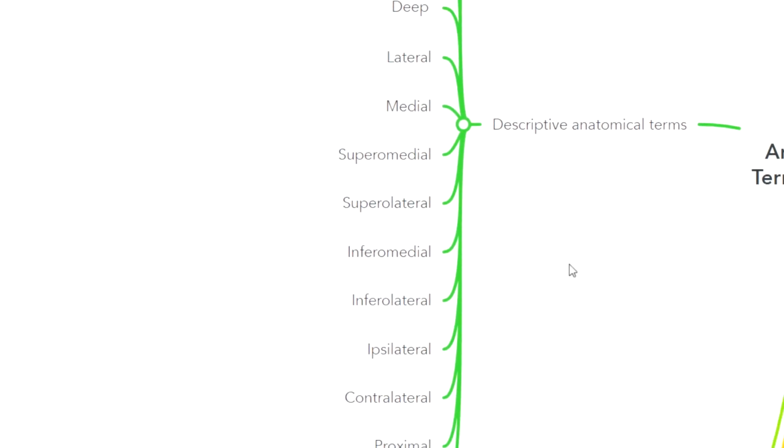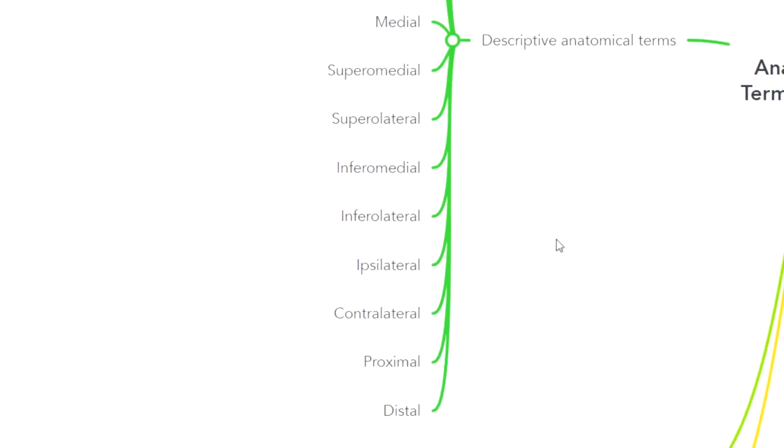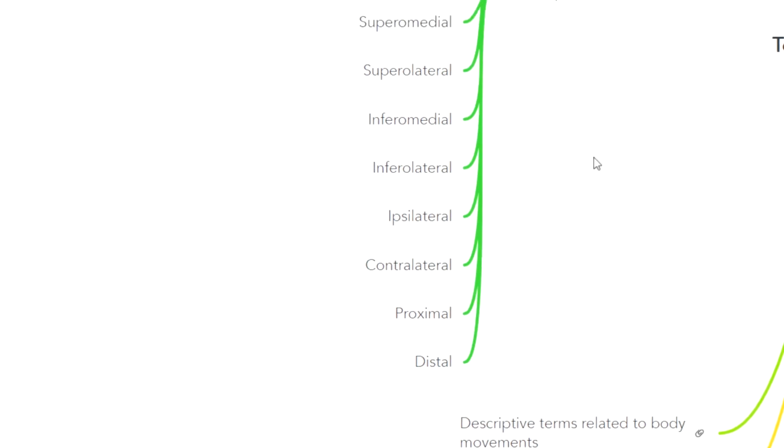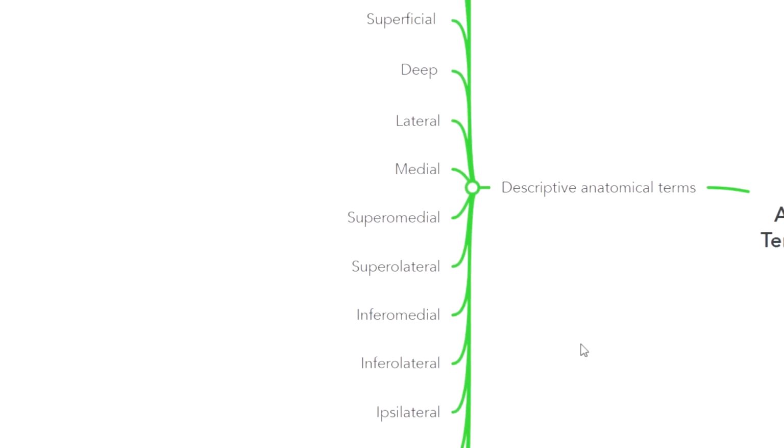What do you mean by superolateral, inferomedial, inferolateral, ipsilateral, contralateral, proximal, distal? So all these terminologies were discussed in detail under descriptive anatomical terms.